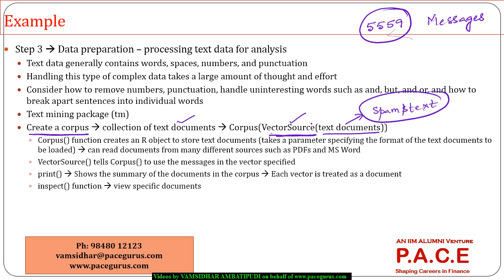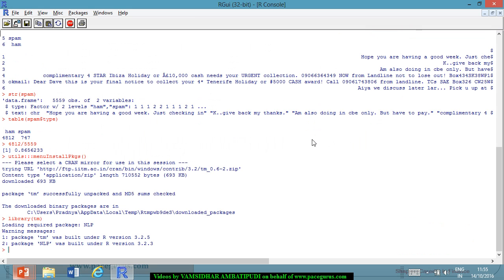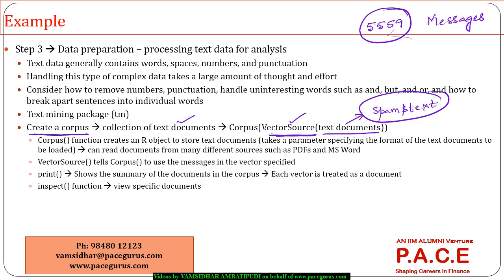So within that, each element of that vector is getting created as a corpus. So here if you see, I am using two functions. One is corpus, the other one is vector source. Vector source is actually telling the corpus to use the messages in the vector that I have specified. So I am giving the vector.